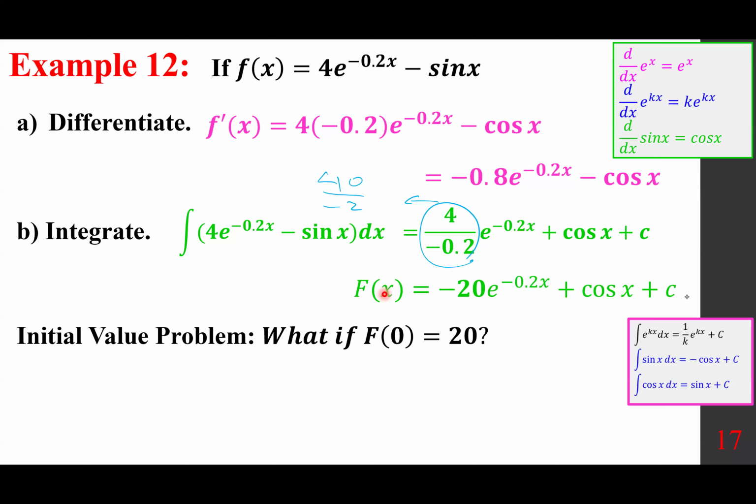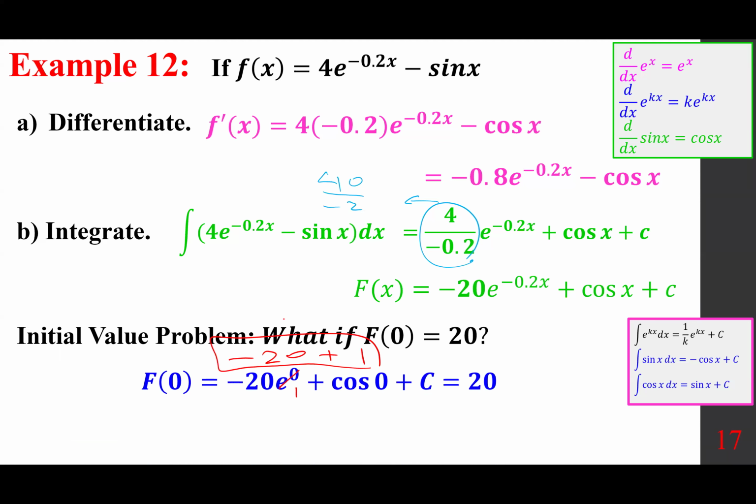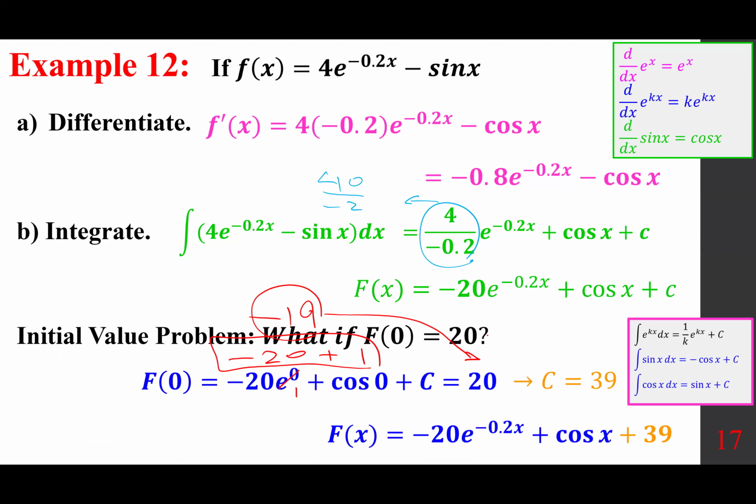So let's plug in. When we plug in, this is 1. So we get -20 plus cosine of 0, which is 1. So we get -19, moves to the other side, plus 19, C becomes 39.